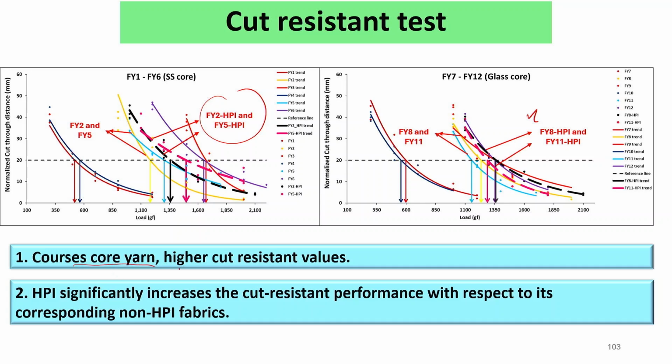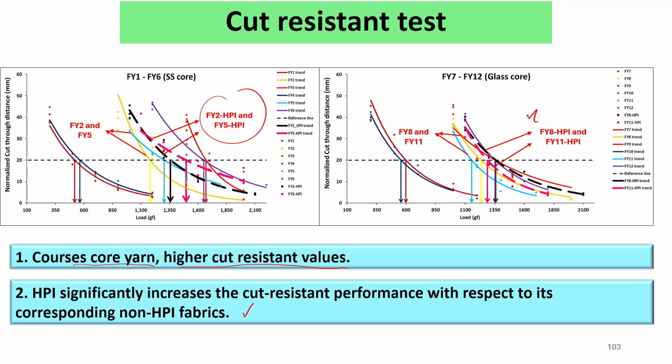Coarse core yarn gives higher cut resistant value. So, if we use the coarse yarn, it will give the higher cut resistance. HPI significantly increases the cut resistance with respect to the corresponding non HPI fabrics.